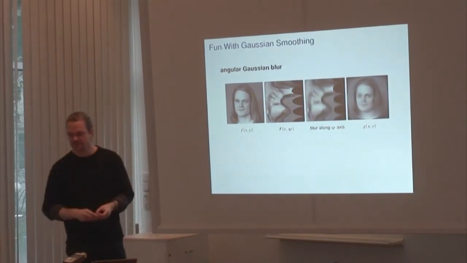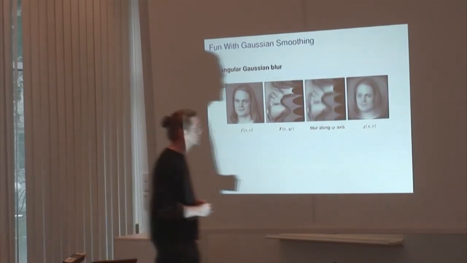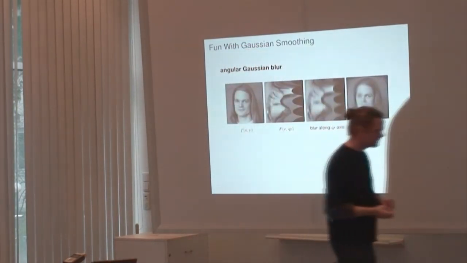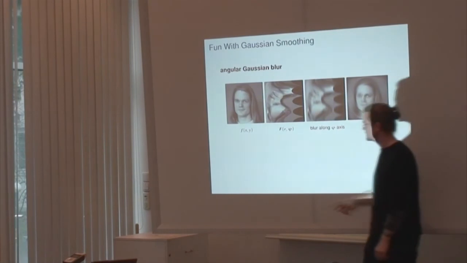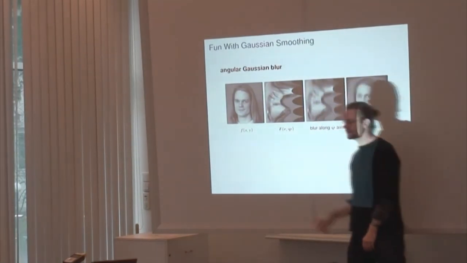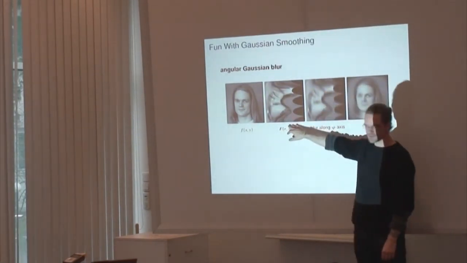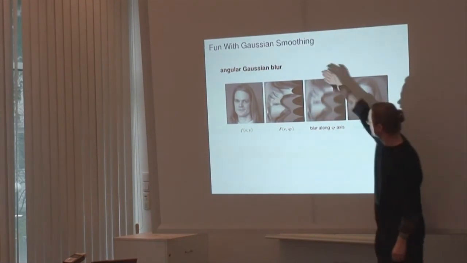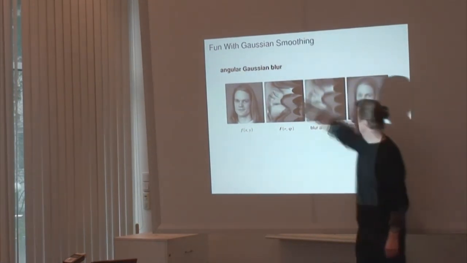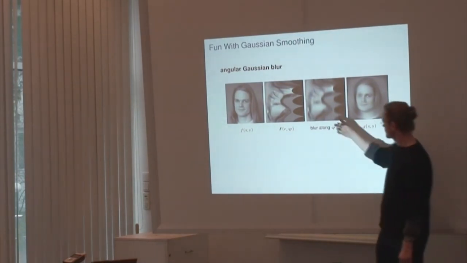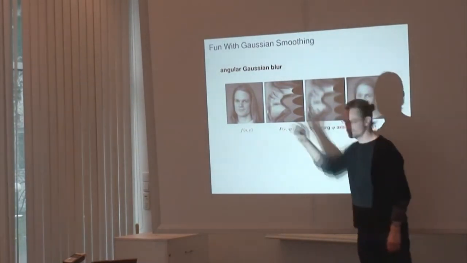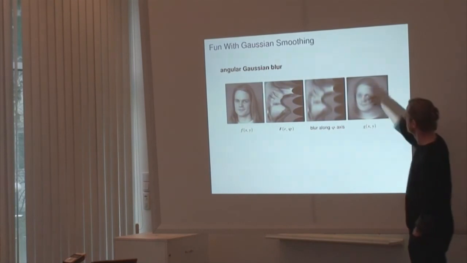It can be done; idiots do it like that. But it's actually rather easy to go from here to here. Once we are given this image, blurring along the phi direction is a triviality, and then we have to transform this back into this representation, and this is what we get.